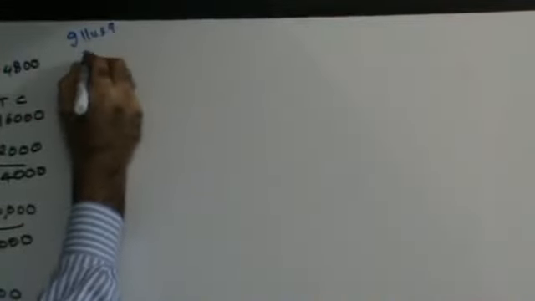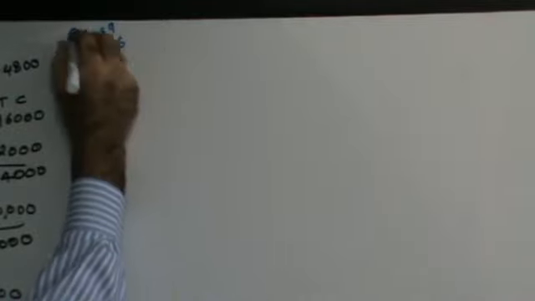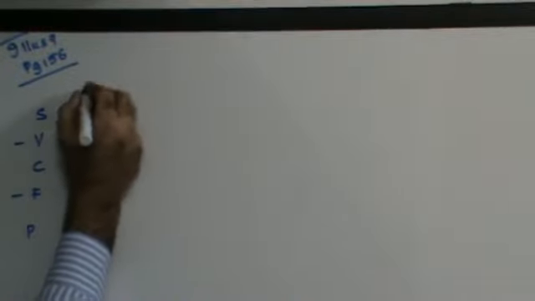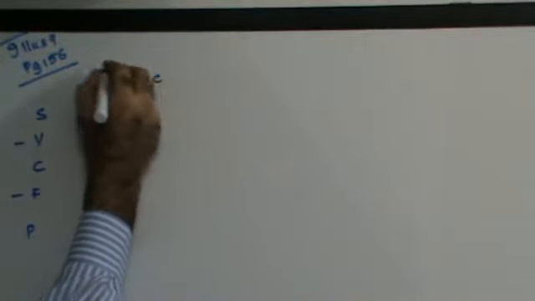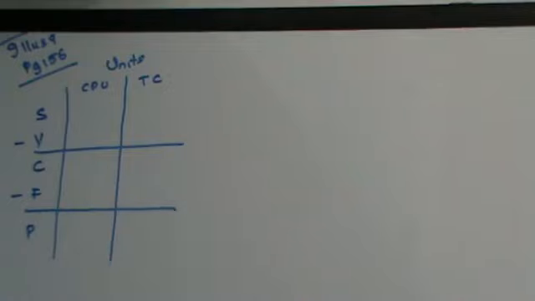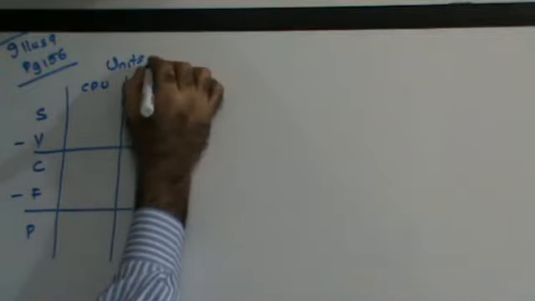Illustration 9, page 156. Always make the table first. S minus V gives you C minus F gives you P. CPU TC units. Let's see this. They've said that find the contribution and BEP if the budgeted output is 80,000 units.